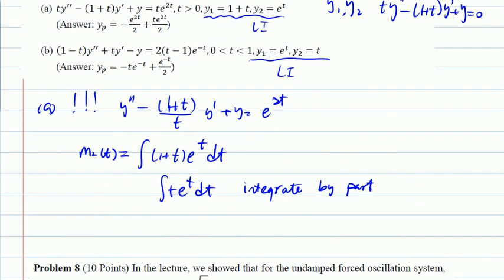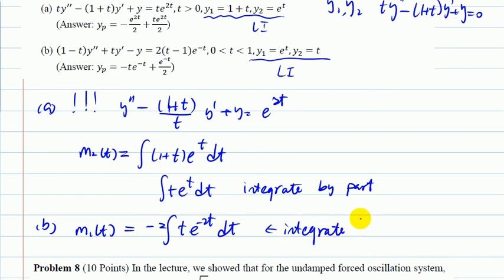For part B, do the same thing: normalize it first before proceeding. For M1, you're going to have to integrate something like this. Again, integrate by parts, and you'll be okay.